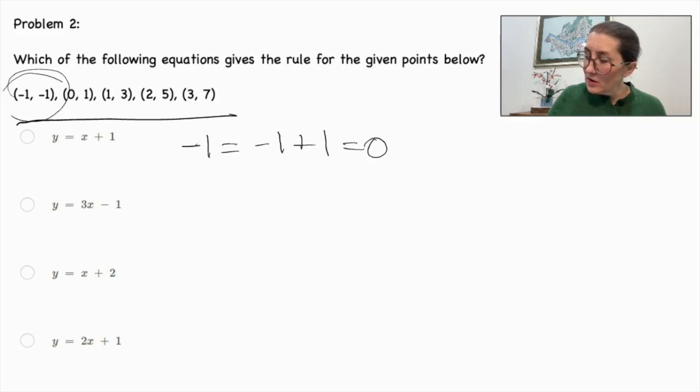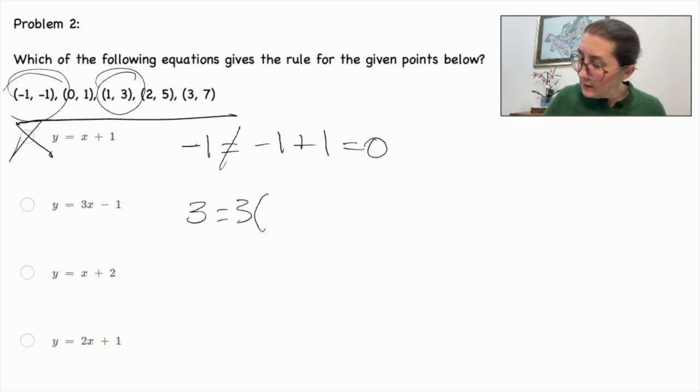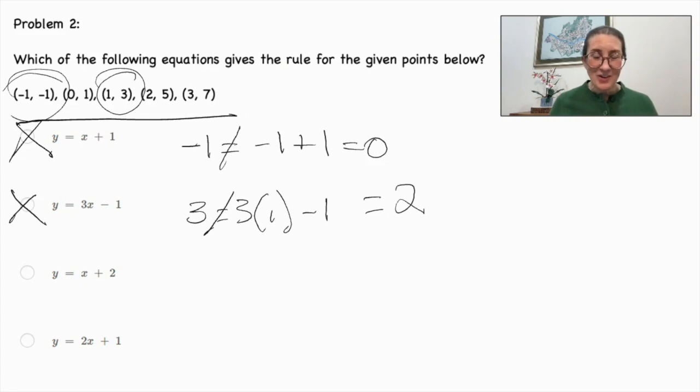So that is not the correct answer. Let's look at the next one, and let's try this. y equals 3 times x, which is 1, minus 1. And that is equal to 3 minus 1, which is 2. So that is not correct.